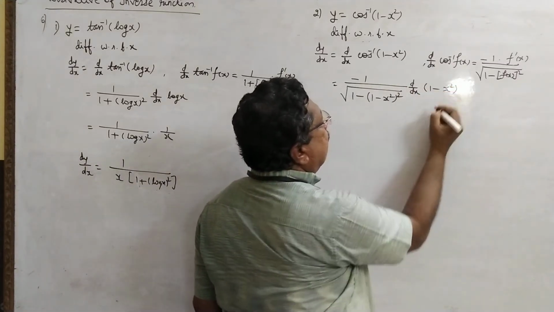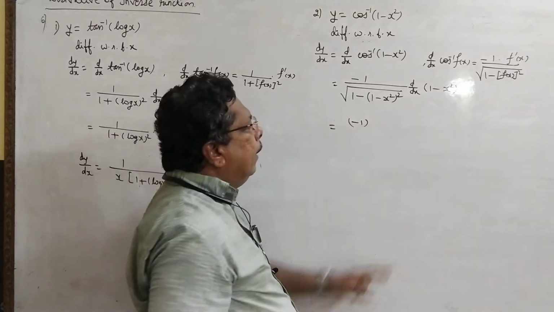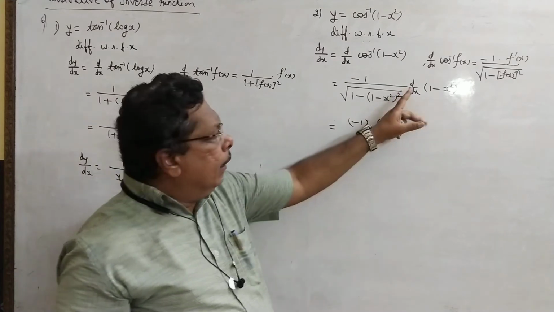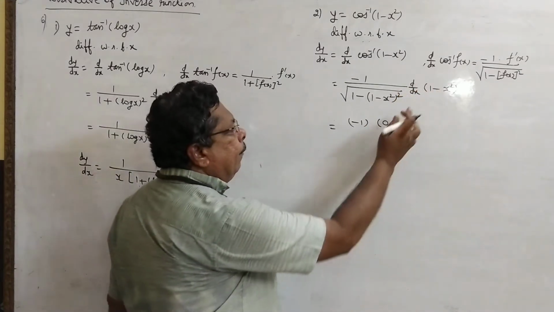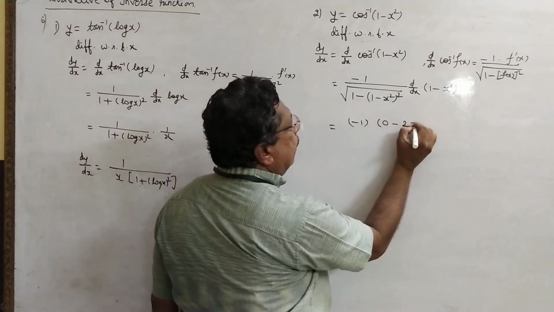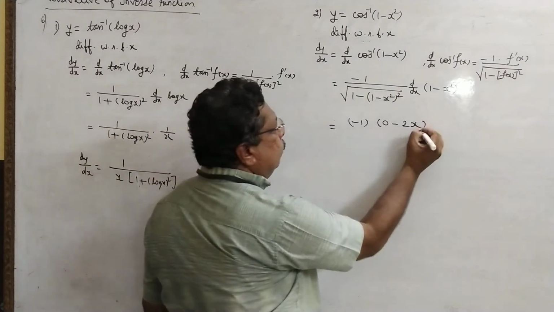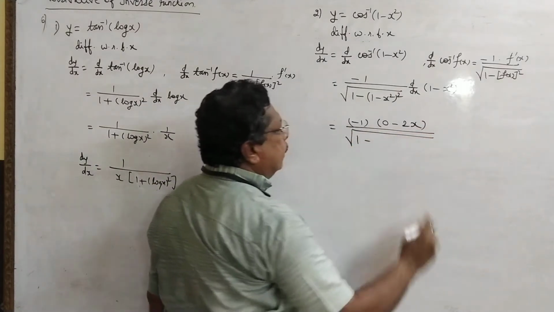Derivative of 1 is 0 because 1 is constant. Derivative of a constant term is 0. Minus x square: derivative of minus x square is minus 2x. Derivative of x square is 2x. So it is minus 2x divided by under root 1 minus.